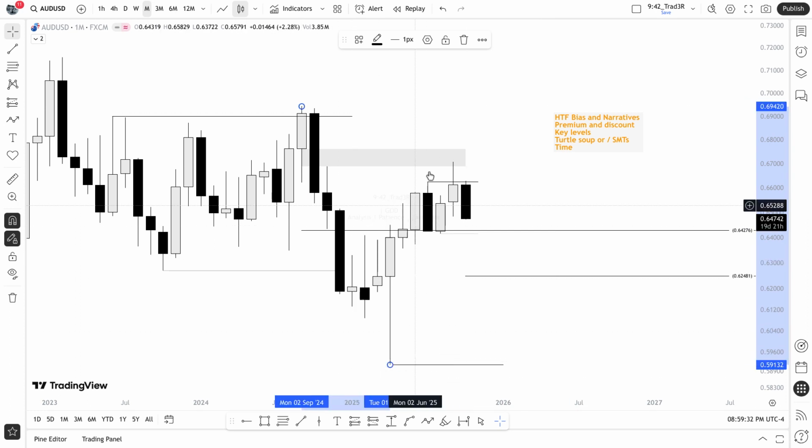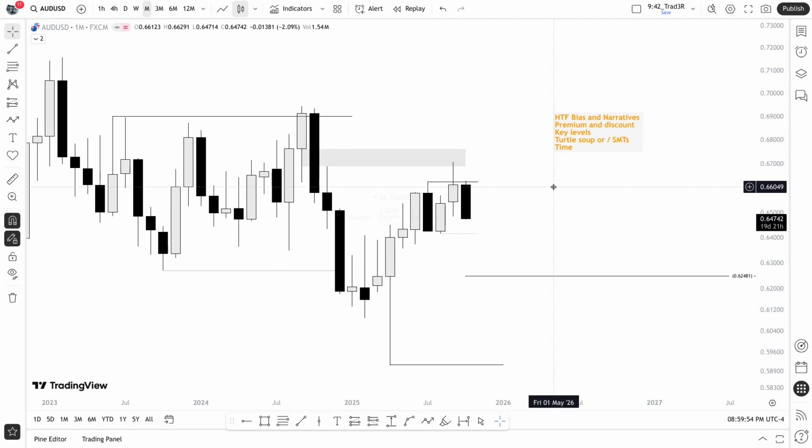So you can see that price is in premium, and we are hitting the premium key level: this big up close candle that took out the highs, and immediately the next move closed below it, which is the order block. Price started into the order block and rejected.